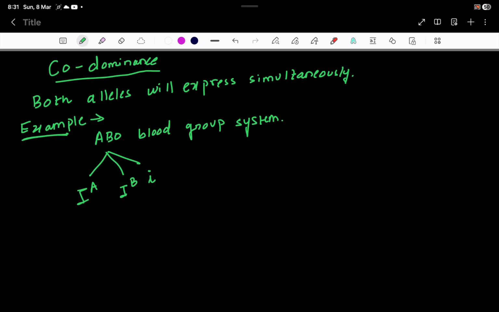Now, let's see what happens in the case of codominance. Suppose you are crossing IA and IB.